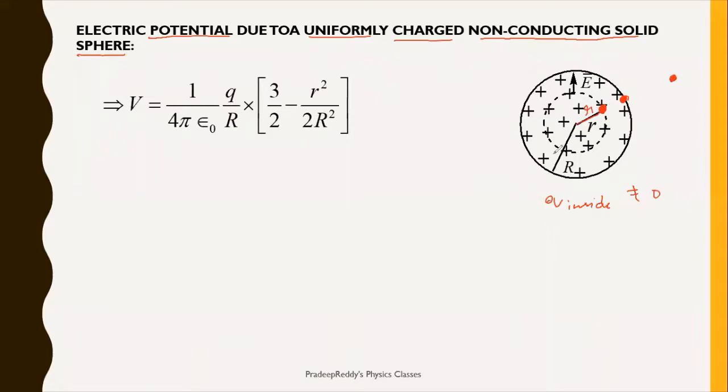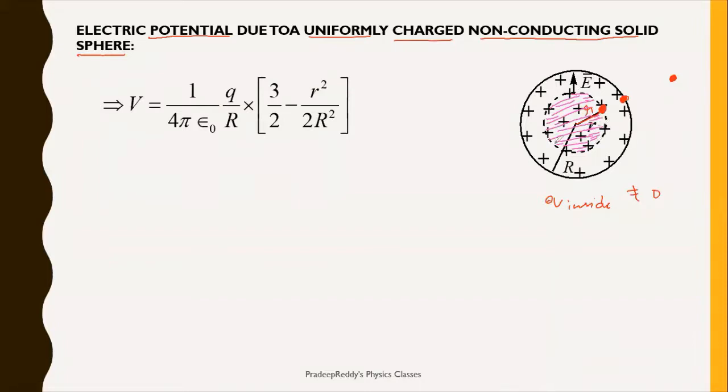At this point you want to find out the electric potential. Now when you are finding electric potential inside, check it up. This is the material which is inside. At this point, the effective separation is small r.